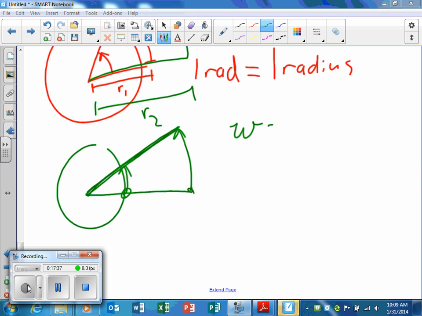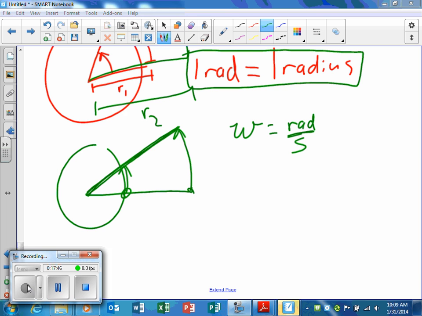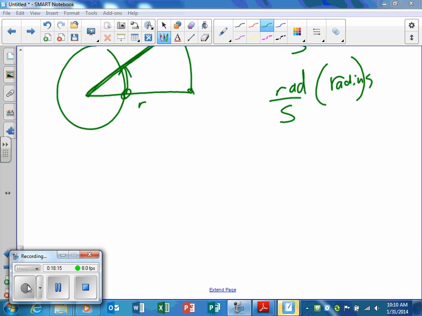And since angular velocity is a rad per second, and if we conceptually understand that when we sweep out 1 rad, we go an arc length equal to 1 radius, then we can say that if we take our rad per second and we multiply it by the actual radius in meters, then we can say that we know our meters per second.